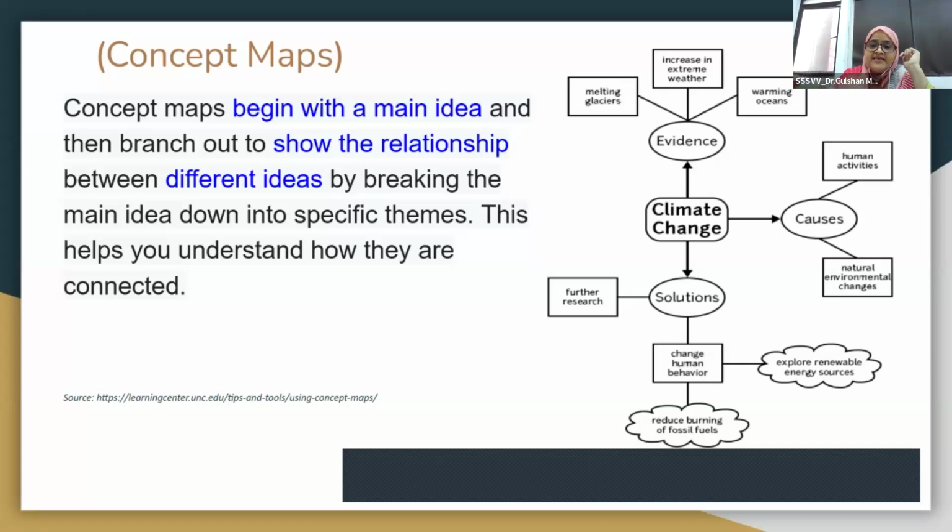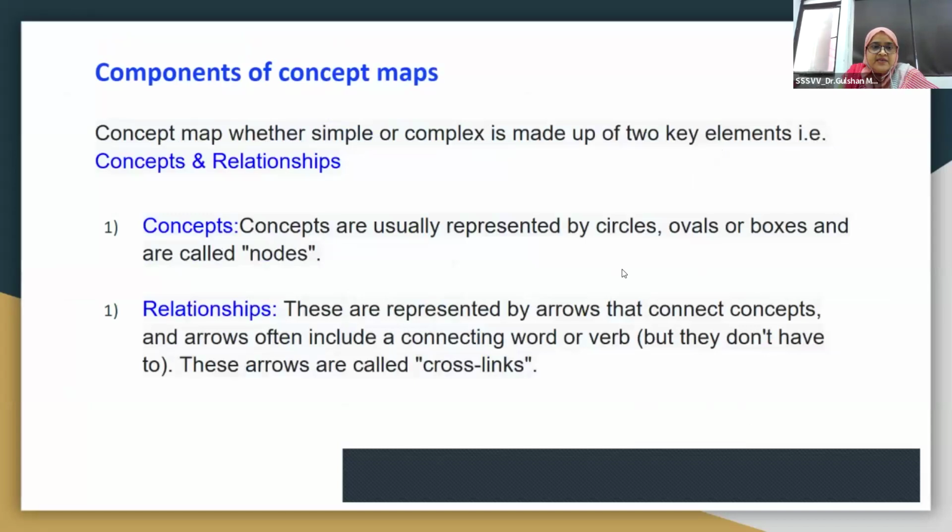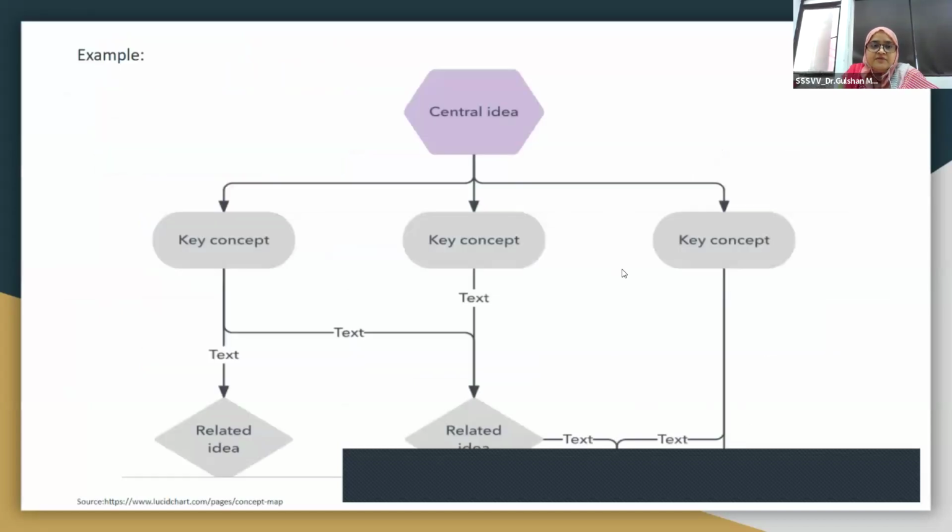These relationship lines you can show in the form of arrows. A good mind map is a comprehensive mind map. The more you expand your ideas, the more explanatory and interesting it is, and the more easily you are going to explain your central idea.